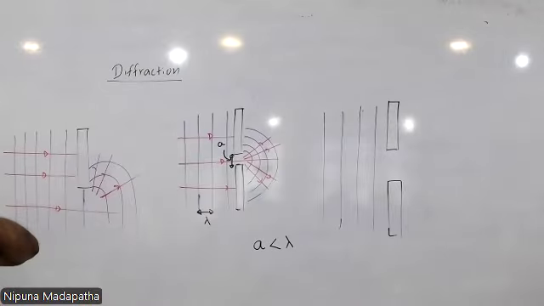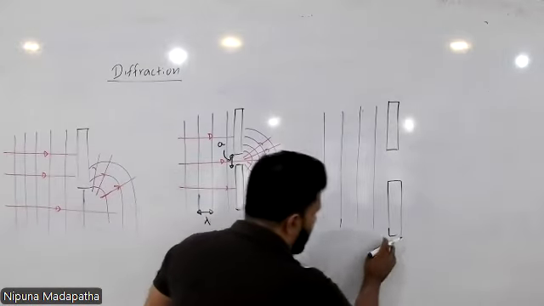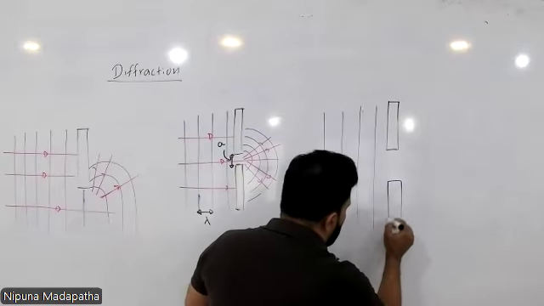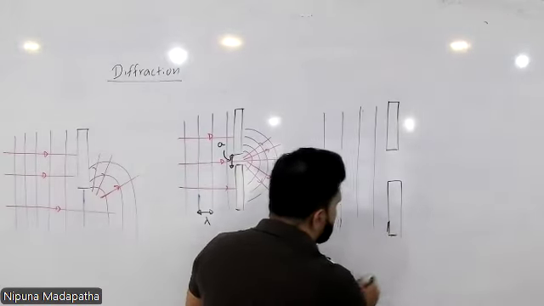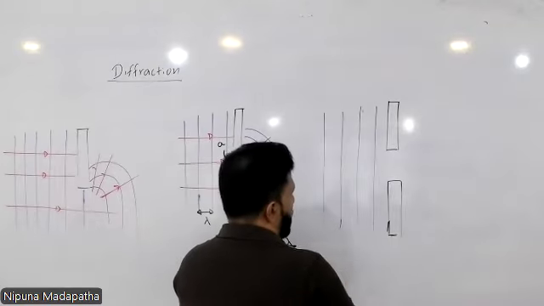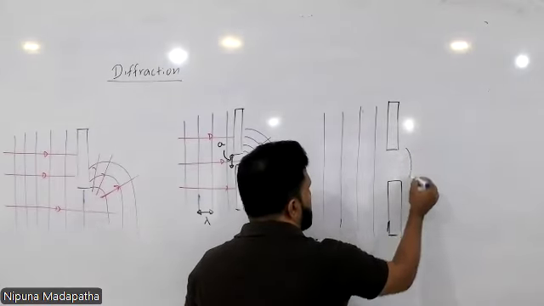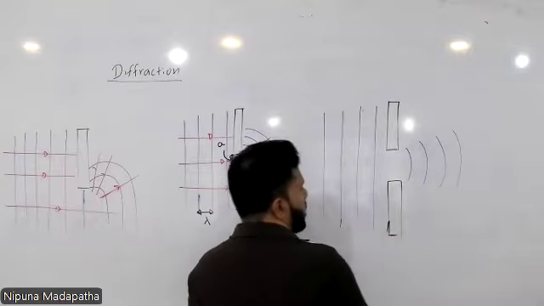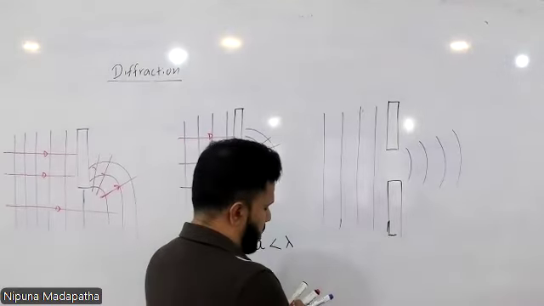Is the wave diffracting very much or not? This goes like this. The spreading is now less. Less spreading. Diffraction is now small, right?